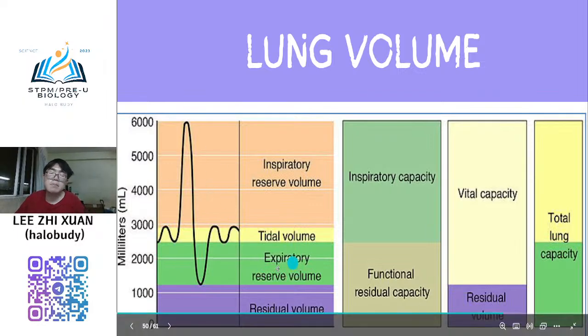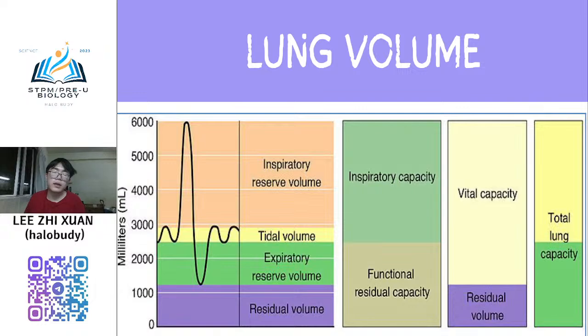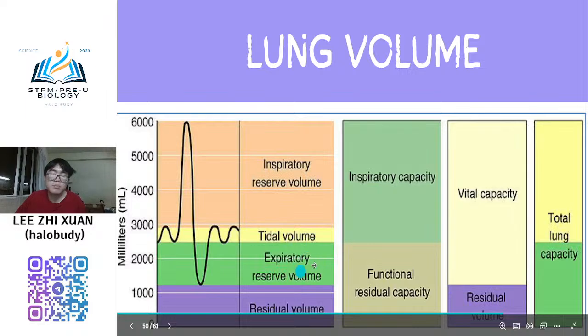And then same as what we call as expiratory reserve volume. Expiratory reserve volume is that your lung volume is decreasing than normal. Meaning that when you exhale, awak akan release out all the air, you still minimum dia macam tak ada air. Inilah expiratory reserve volume.